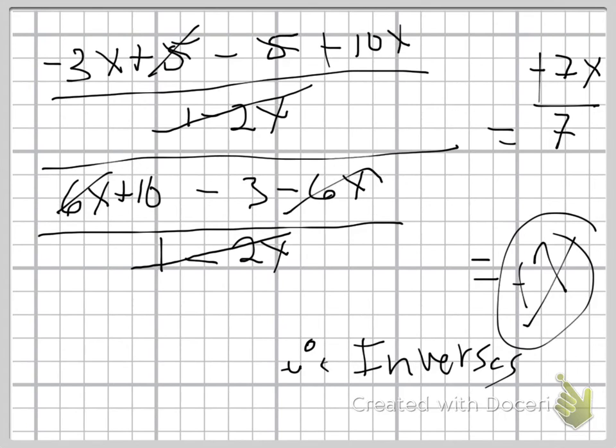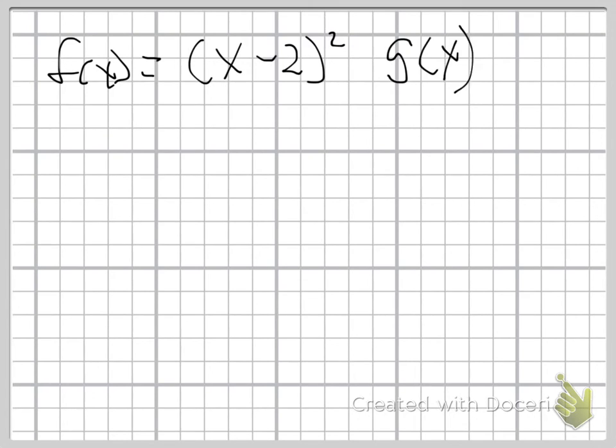Alright, let's try one more example. Let's take a look at f of x equals x minus 2 squared, and g of x equals the square root of x plus 2.